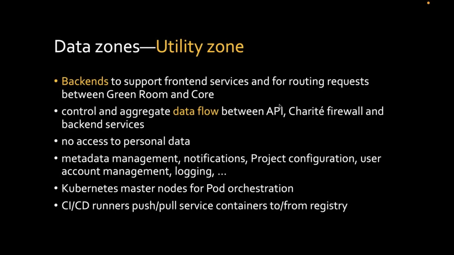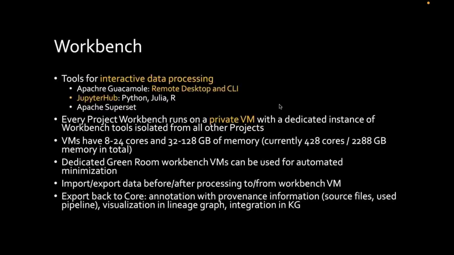The core zone is then the main data processing arena, and we have now seen it extensively, where you can do all the processing that you want. The utility zone is another aspect of the VRE, and these are back-end services that support all these front-end services and that work under the hood, behind the scenes, in order to ensure this data protection, for example.